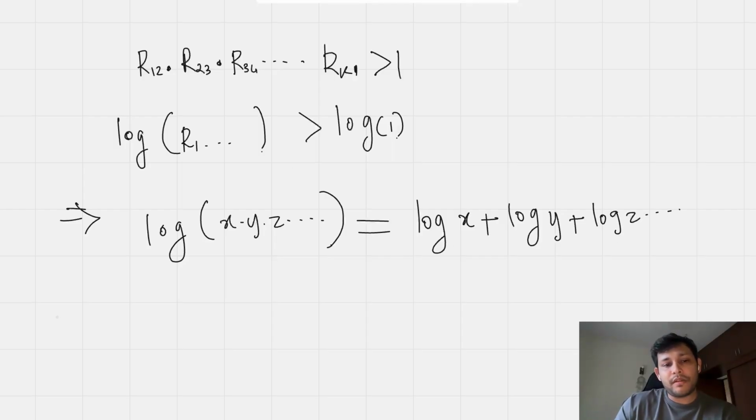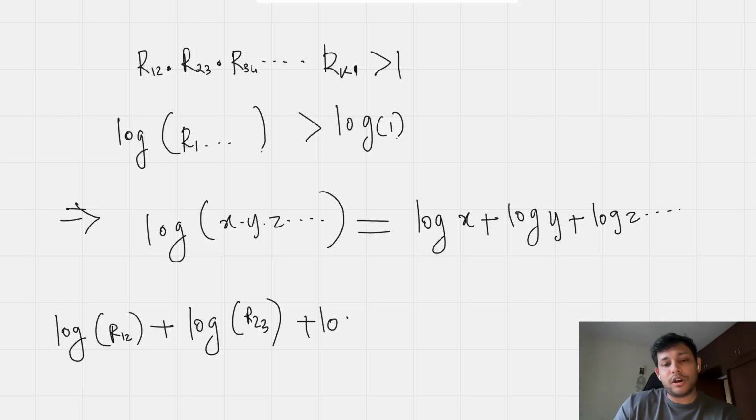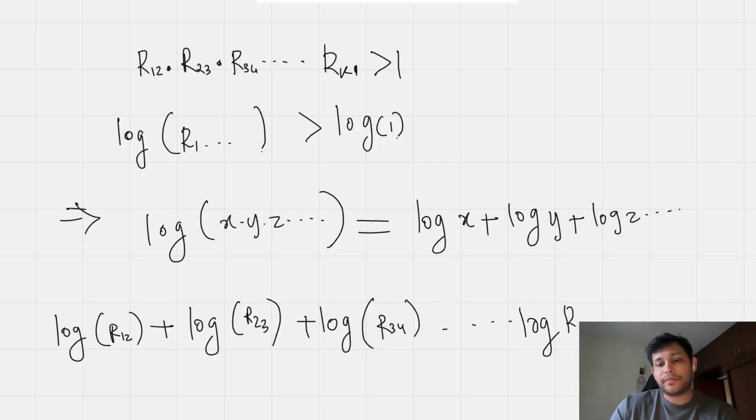Using the same, now we can make it like this: log of R1,2 plus log of R2,3 plus log of R3,4 dot dot dot log of Rk,1. That should be greater than log of 1, which is 0.